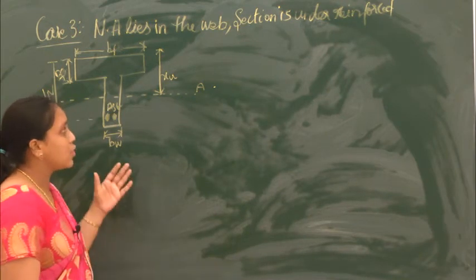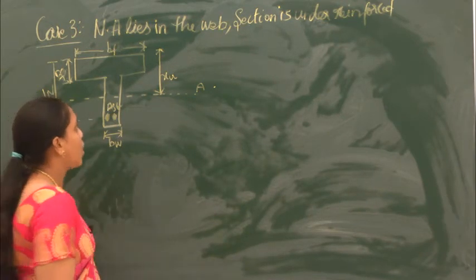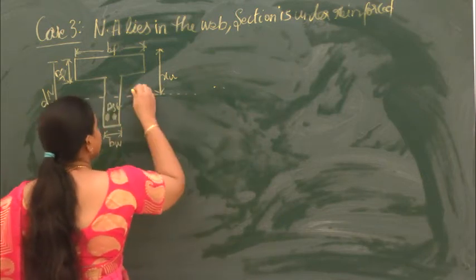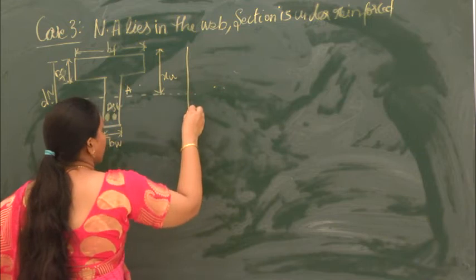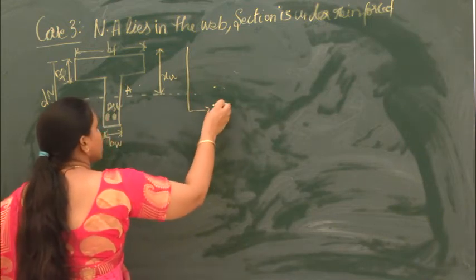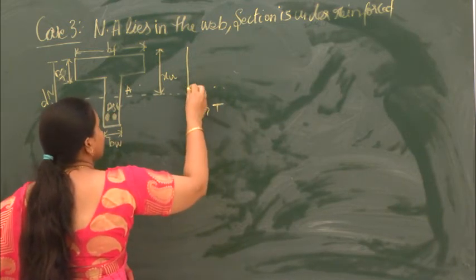So now first let us draw the stress block. You already learned how to draw the stress block. We are going to have the tensile forces here, and the compressive forces here.